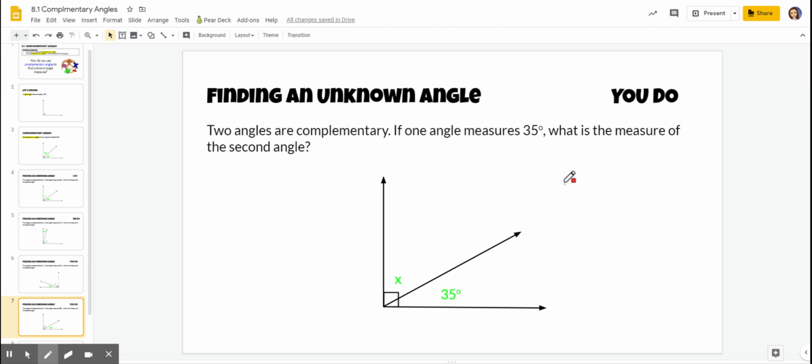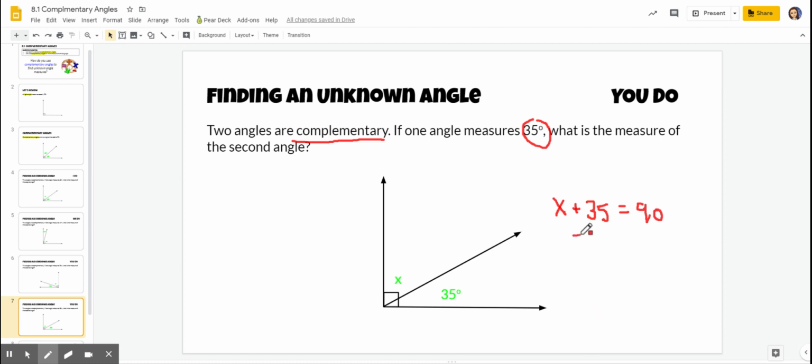Okay, so for this one, you should have said they're complementary, which we know means they add up to 90. One angle measures 35. We've labeled that here. We are trying to figure out the value of the second angle, so we've placed an x here. And we know that angle x plus 35 degrees should add up to give us a total of 90 degrees.